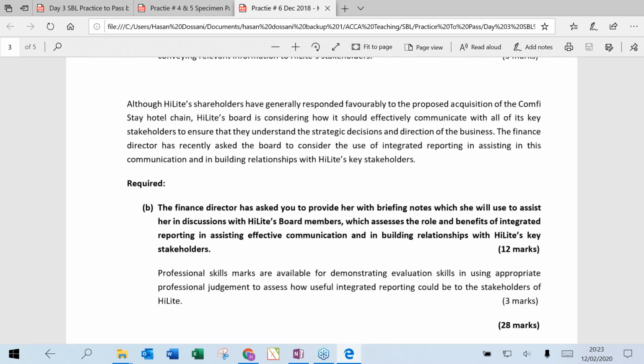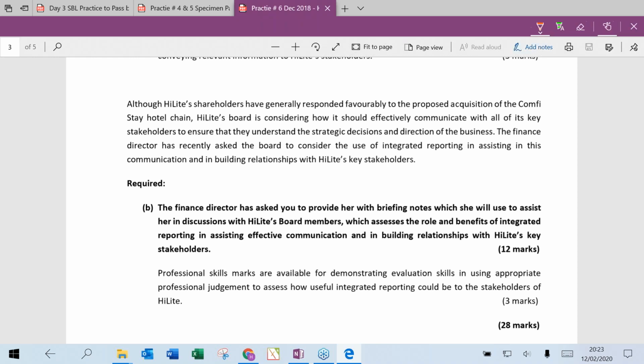So in Highlight, what happened was we were trying to acquire Comfy Hotel, and then there was this negative article in the media, and we kind of responded to it, right? And now, although Highlight shareholders have generally responded favorably to the proposed acquisition of Comfy Hotel, Highlight's Board is considering how it should effectively communicate with all of its key stakeholders to ensure that they understand the strategic decisions and directions of the business.